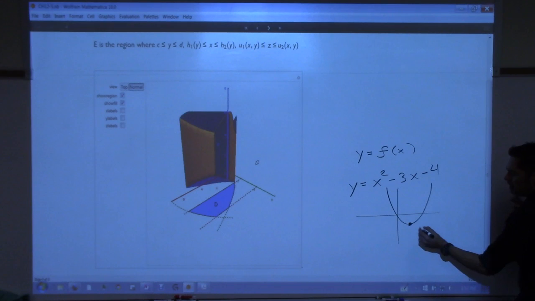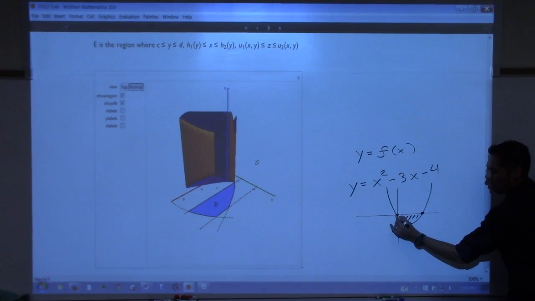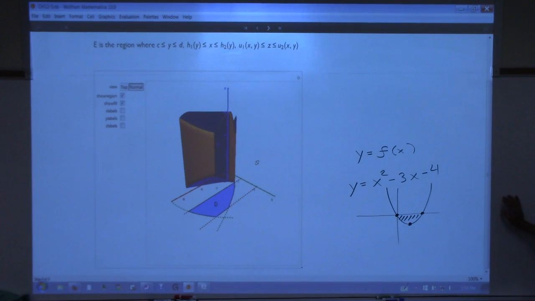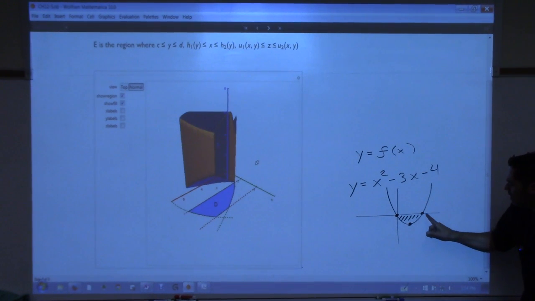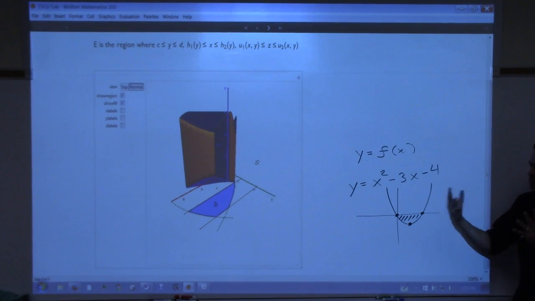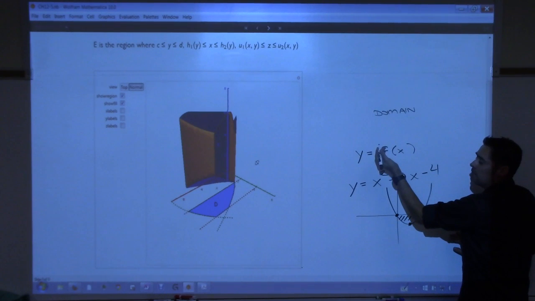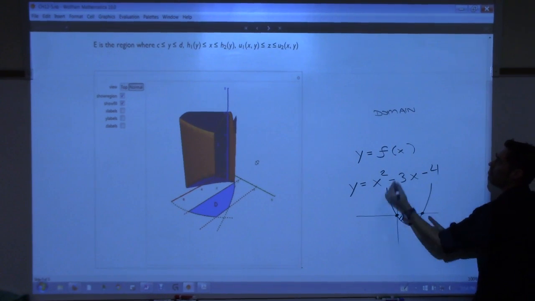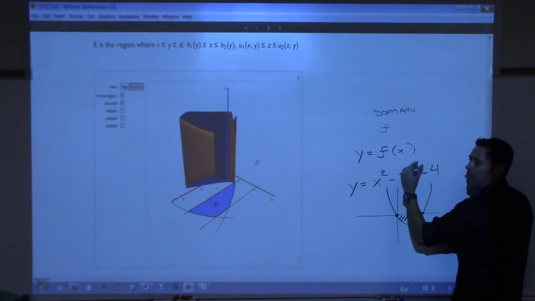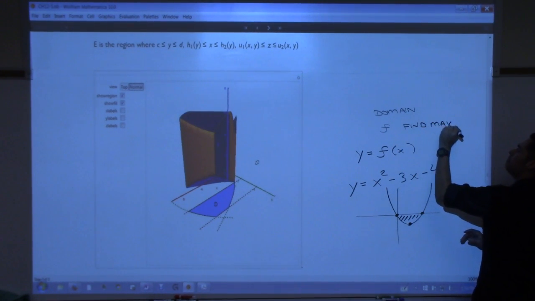If we wanted to find the area in here, you would have to restrict the domain, and you could look at that area. Or I could say, just between here and here, find me the biggest and smallest values. That's kind of Cal 1 and Cal 2, the two different perspectives. But the idea is that you have a domain, and on that domain, between here and here, you have a function, f, and you could be asked to find the max or min, right?